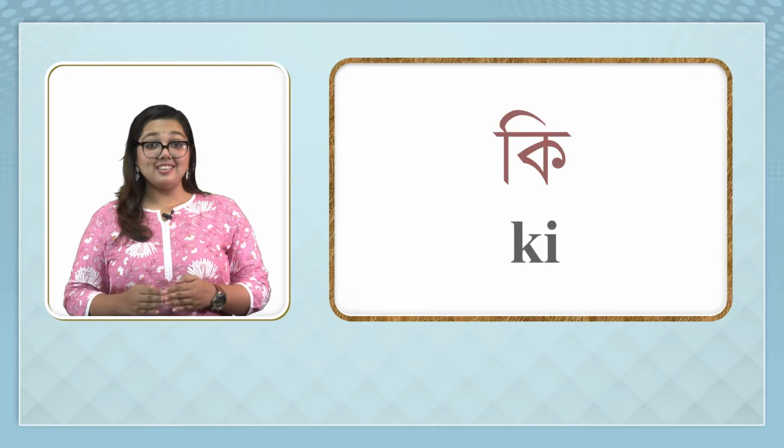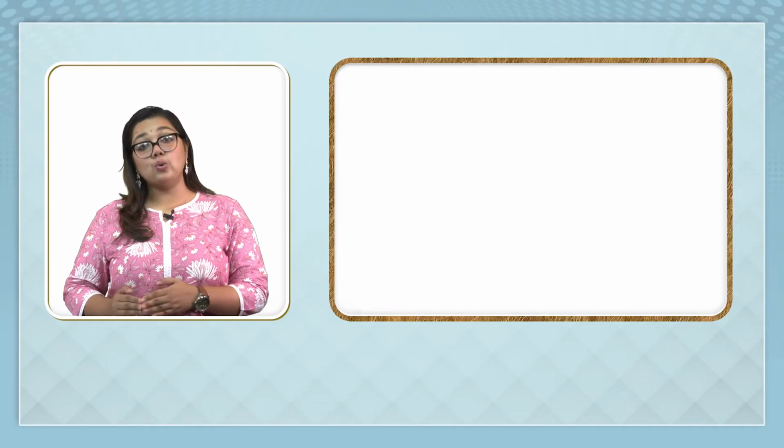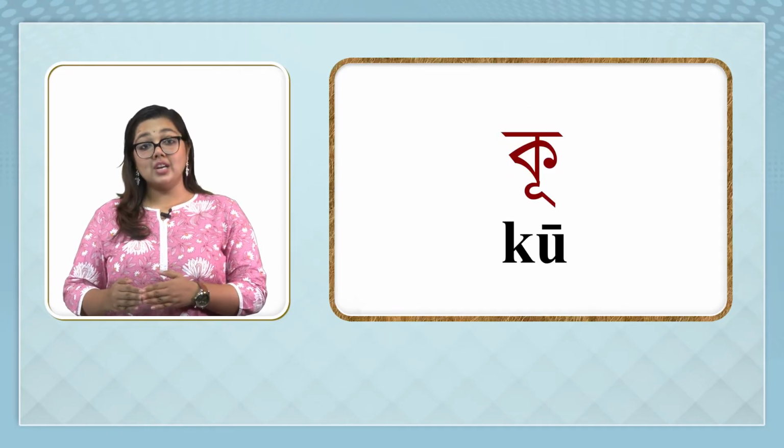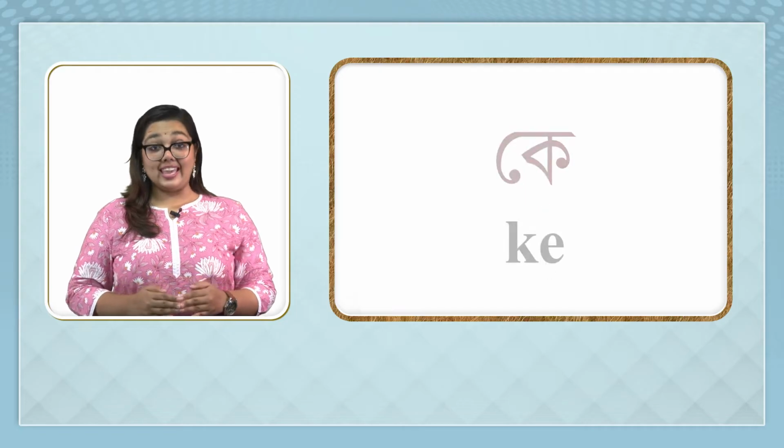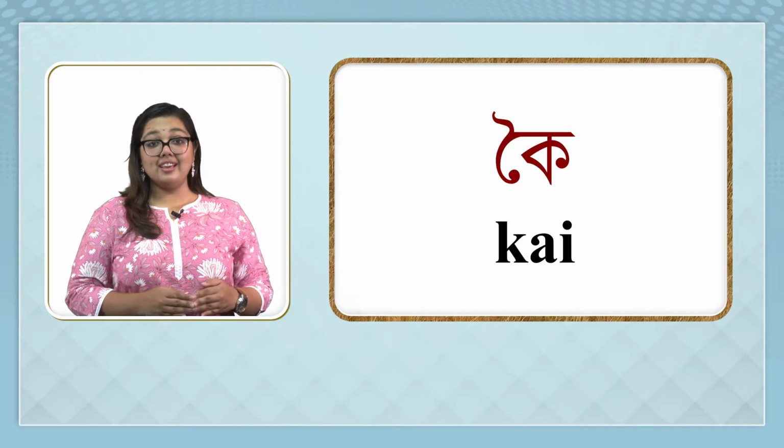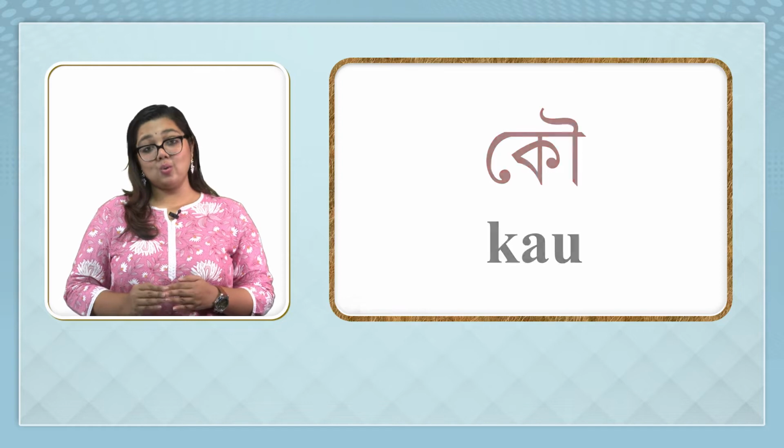This default vowel can be replaced by the other vowels with the use of their corresponding diacritic marks, such as Ka, Ki, Ki, Ku, Ku, Kri, Ke, Koi, Ko, Ko.